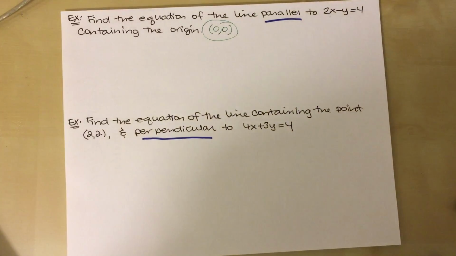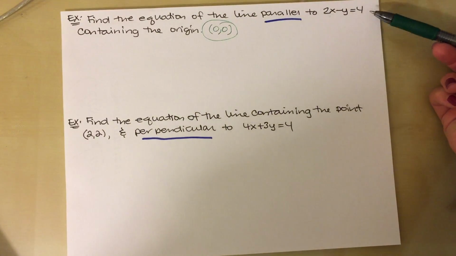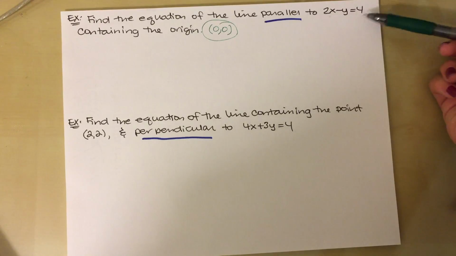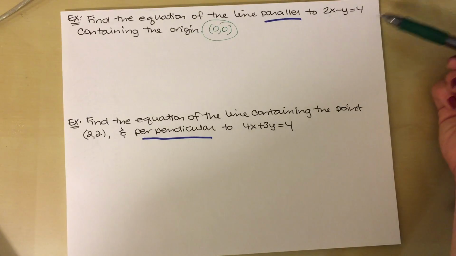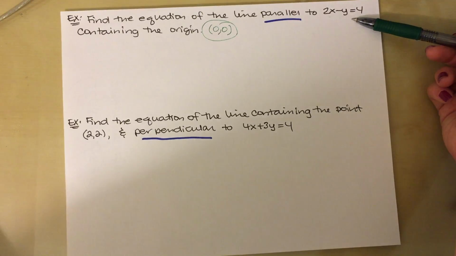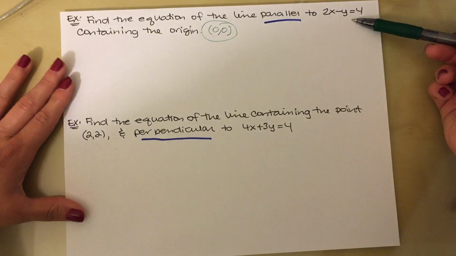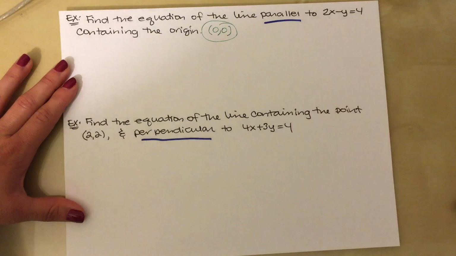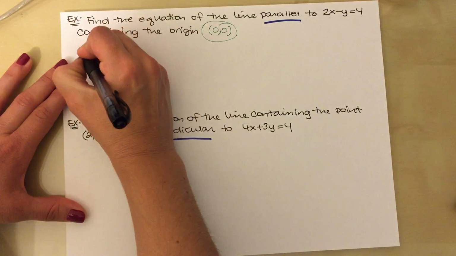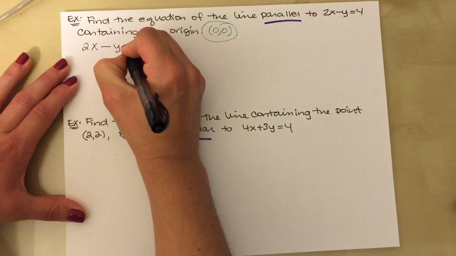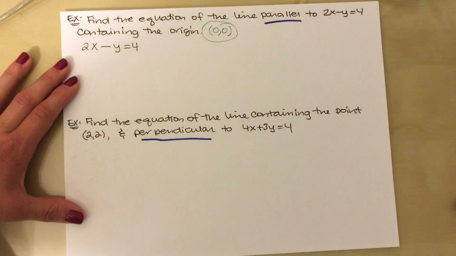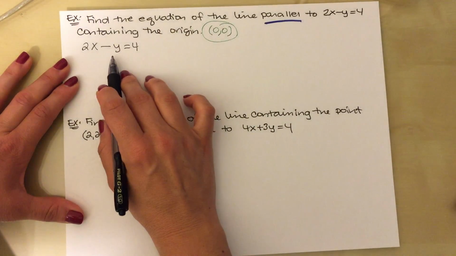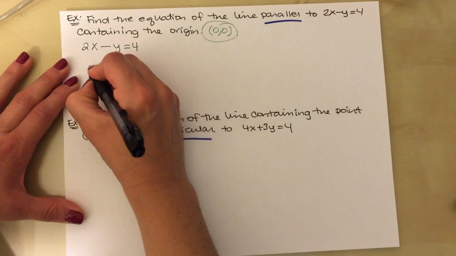So how do I find a line that's parallel to this one? A line that's parallel to the one given has to have the same slope. What's the slope of this line? To figure out the slope, let's just take this equation and solve for y. All I have to do to solve for y is add y and subtract 4.